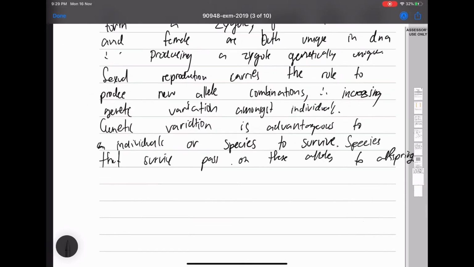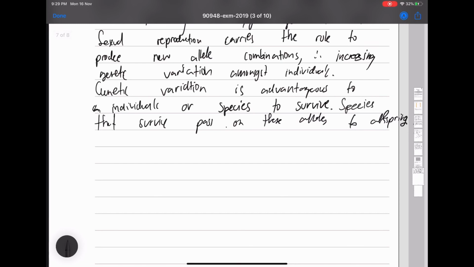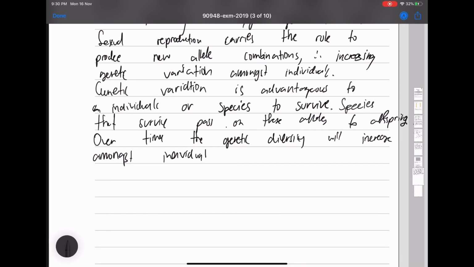So, lastly, we can say that over time, the genetic diversity will increase amongst the population, allowing, in this case, the trees to survive.